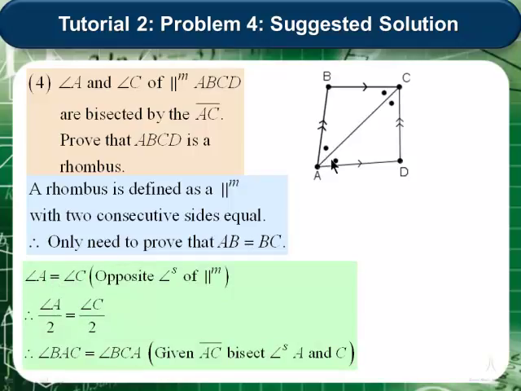Now we know that angle A is equal to angle C, because they are opposite angles of a parallelogram.